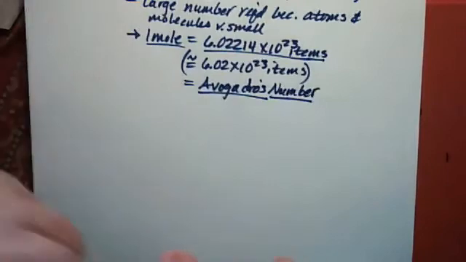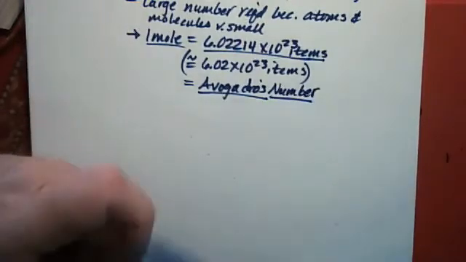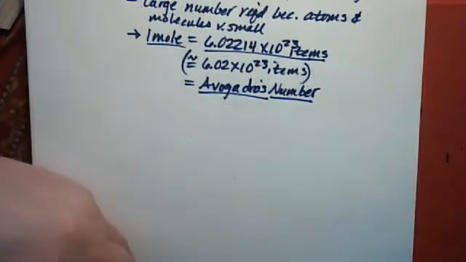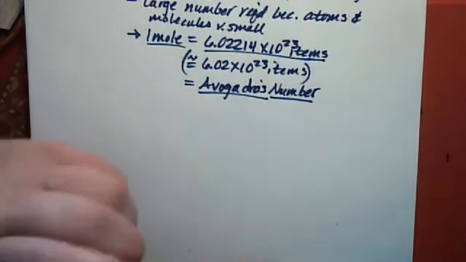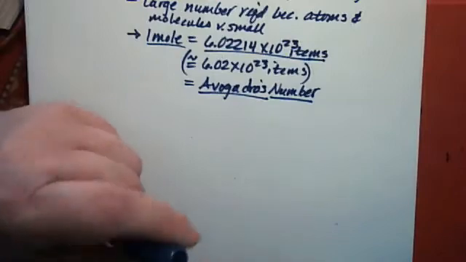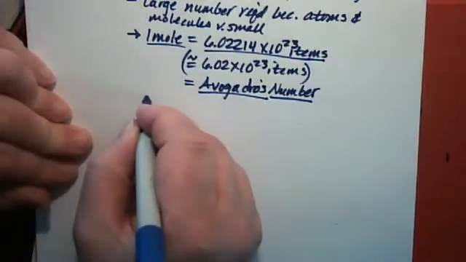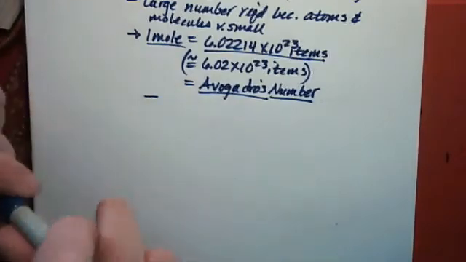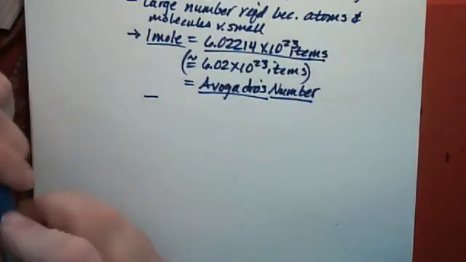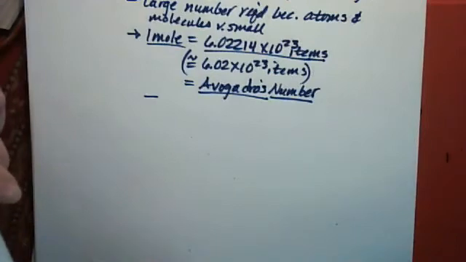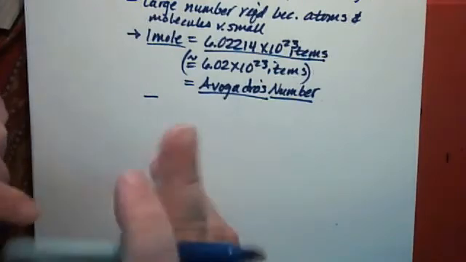Amedeo Avogadro was an Italian physicist who laid the groundwork for determining this number by working with gases around 1800 or so. Now, this is kind of an odd value for a number. You might wonder, why would they choose 6.02 times 10 to the 23rd? Why not something easier to remember, like 10 to the 25th, or maybe 5 times 10 to the 23rd?